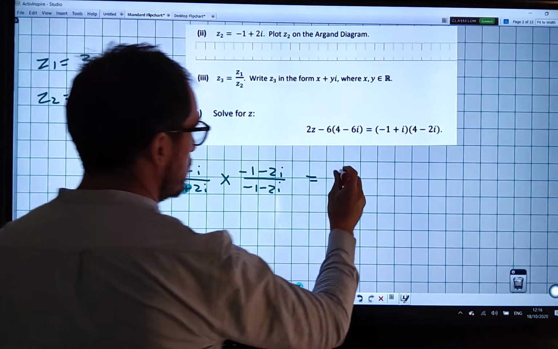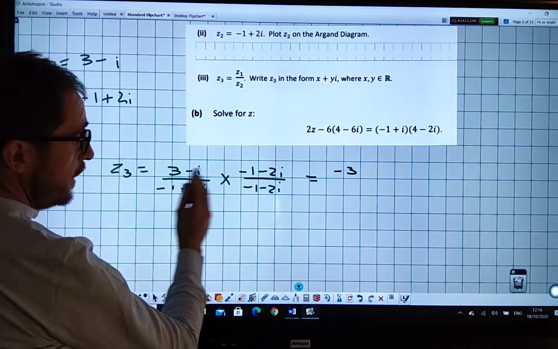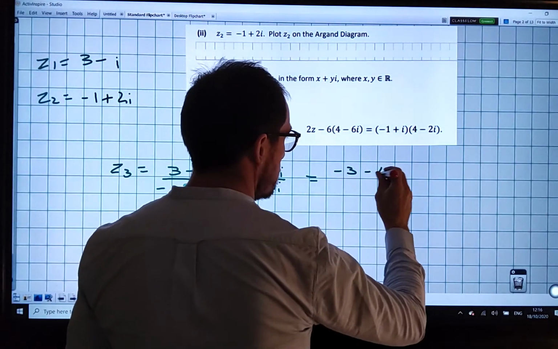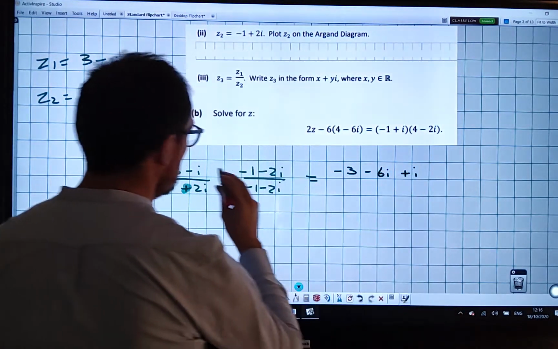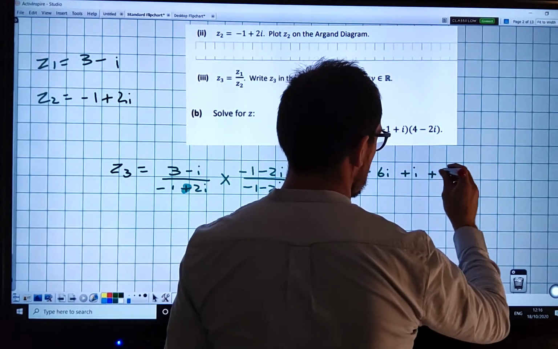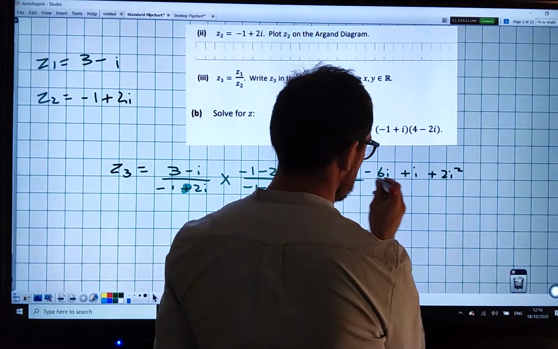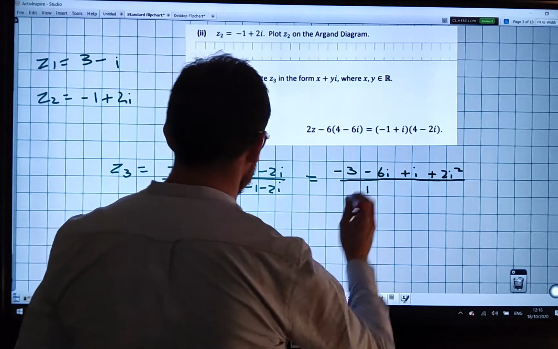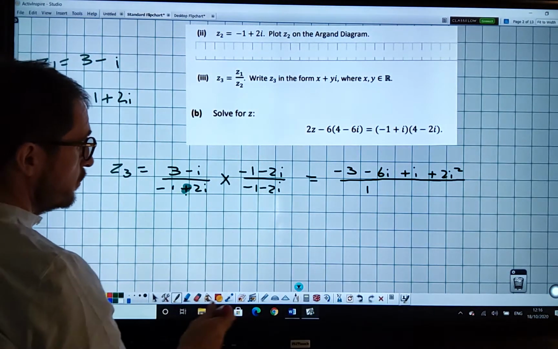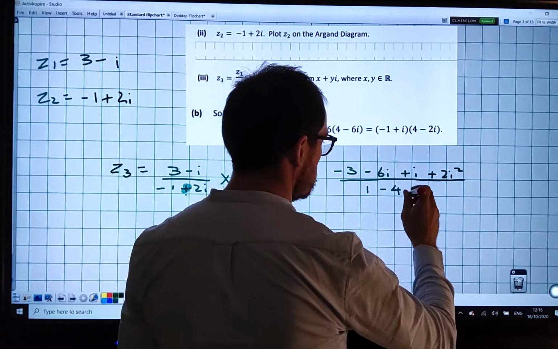So 3 times minus 1 is minus 3. 3 here times minus 2i is minus 6i. Minus i times minus 1 is plus i. Minus i times minus 2i is plus 2i squared. And that's going to be all over: minus 1 times minus 1 is 1. You're going to have minus 2i plus 2i, and then it's minus 4i squared.